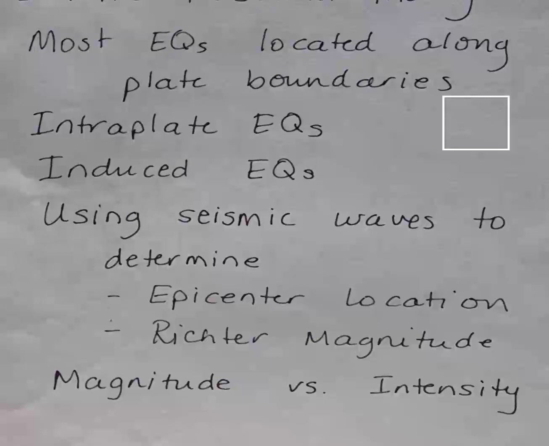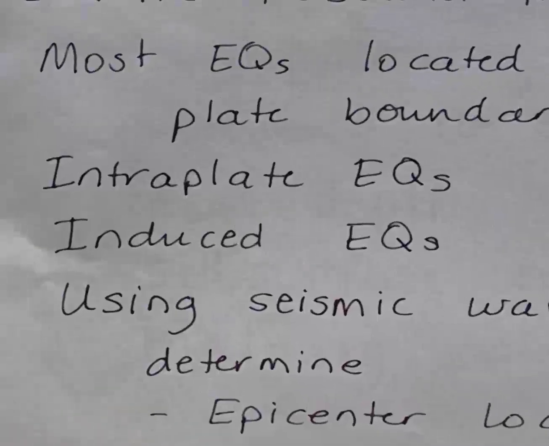I didn't have time this semester to go over induced earthquakes, but those are man-made earthquakes. Some human activities cause earthquakes. Usually those induced earthquakes are fairly small. Our best example today is earthquakes that are induced by activities associated with hydraulic fracturing of shale to get oil or gas, also known as fracking.